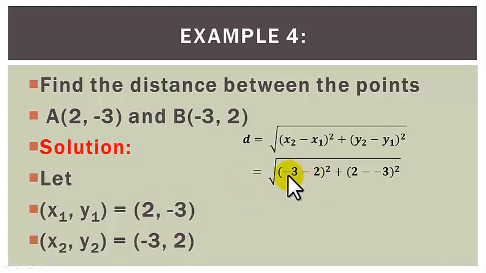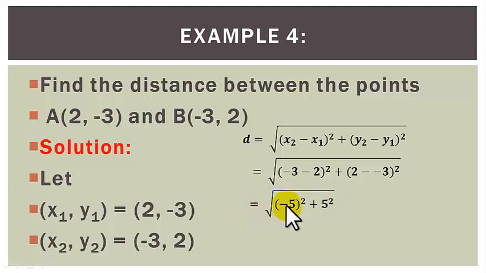So that will be (minus 3 minus 2) squared plus y2 is 2 while y1 is minus 3. So that is (2 minus minus 3) squared. But minus 3 minus 2 is minus 5. So that will give us (minus 5) squared plus 2 minus minus 3 is 2 plus 3, which is 5, squared. So the distance D is equal to the square root of (minus 5) squared plus 5 squared.